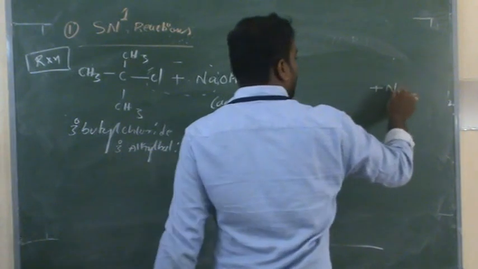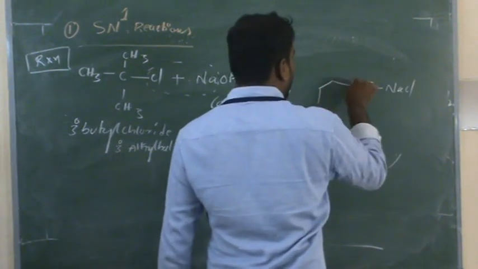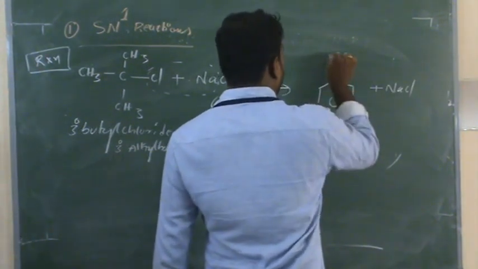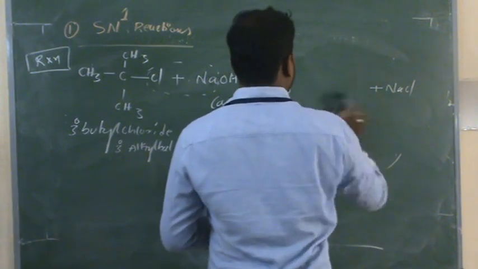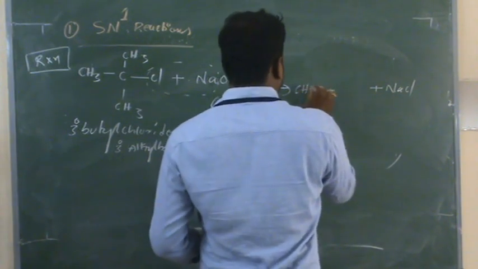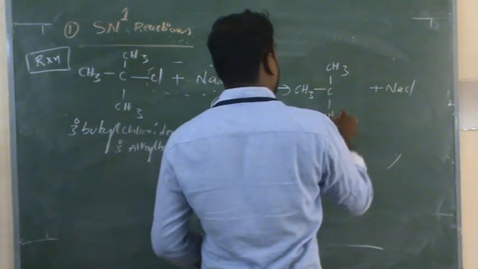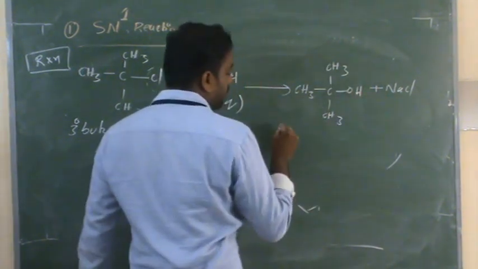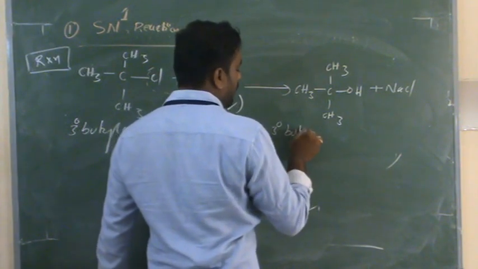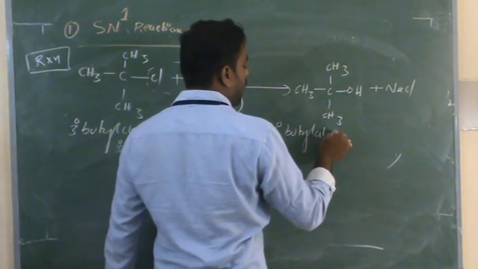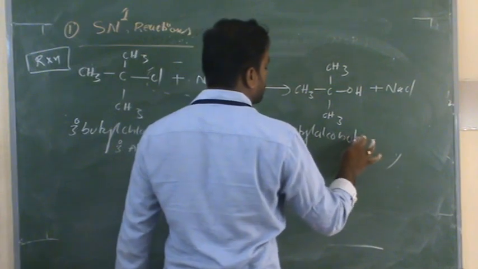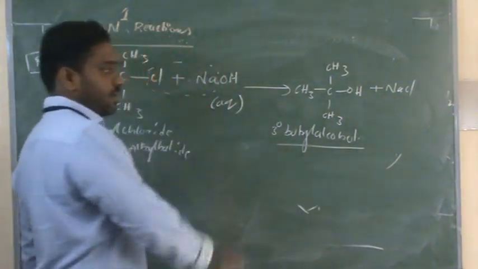Then we get a very important product, (CH3)3COH. What is the name of this? I call it tertiary butyl alcohol.